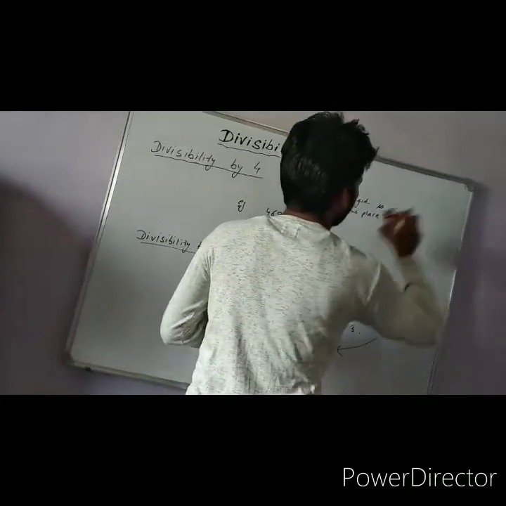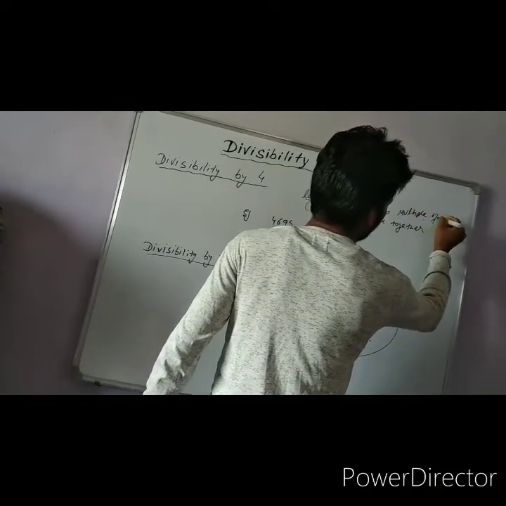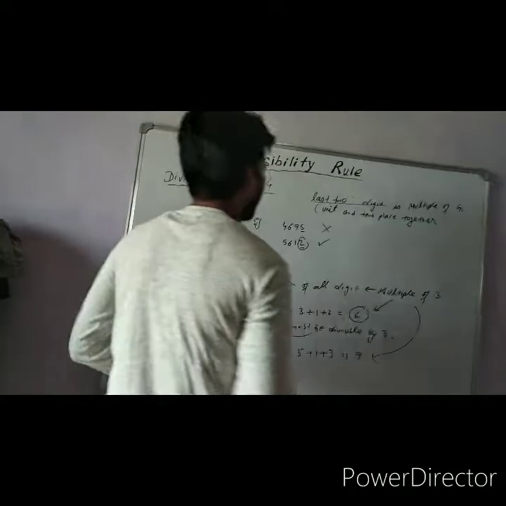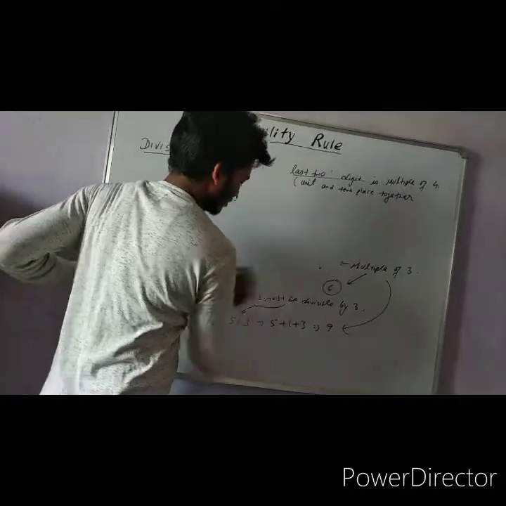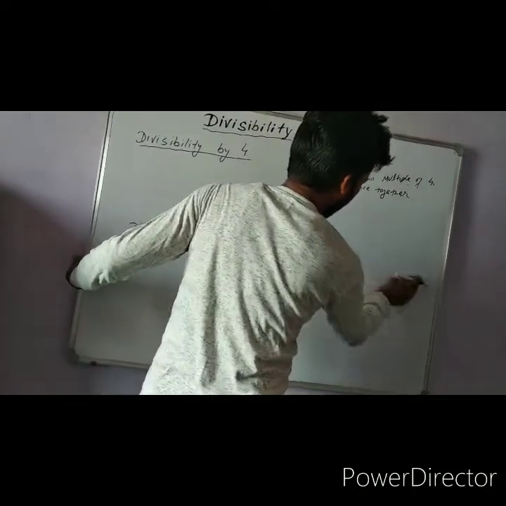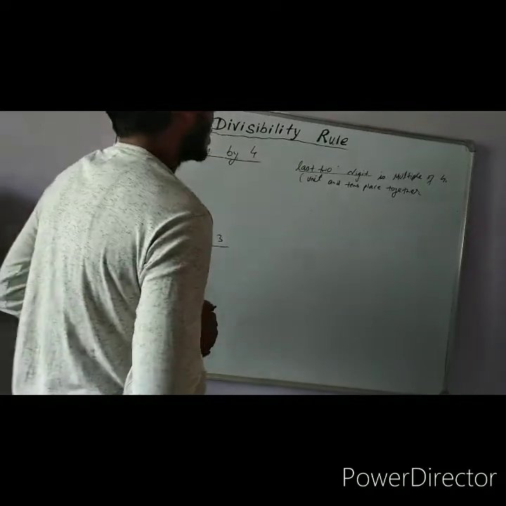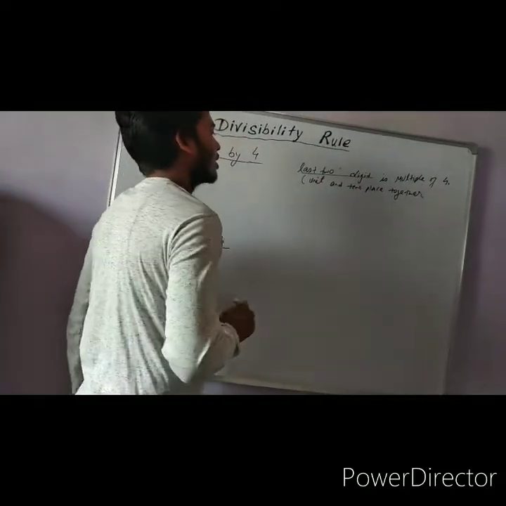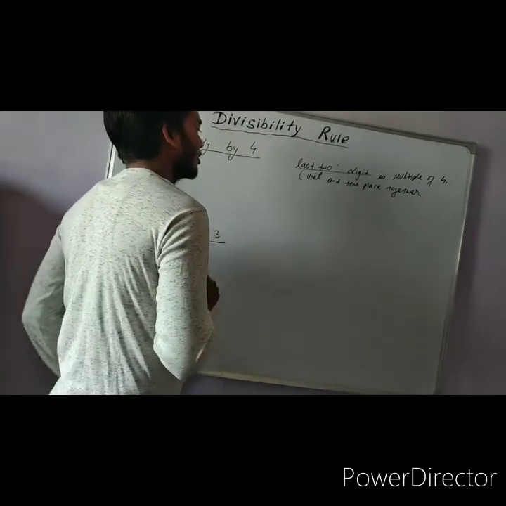If the last 2 digits, means unit and tens place together, are a multiple of 4, then the whole number must be divisible by 4.